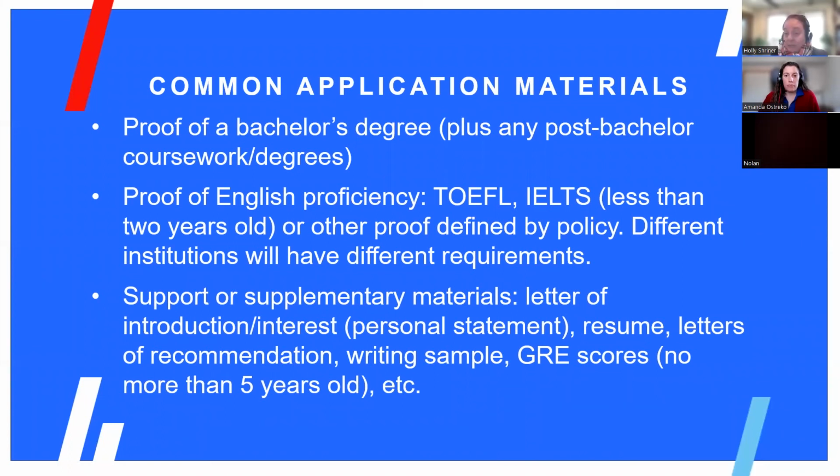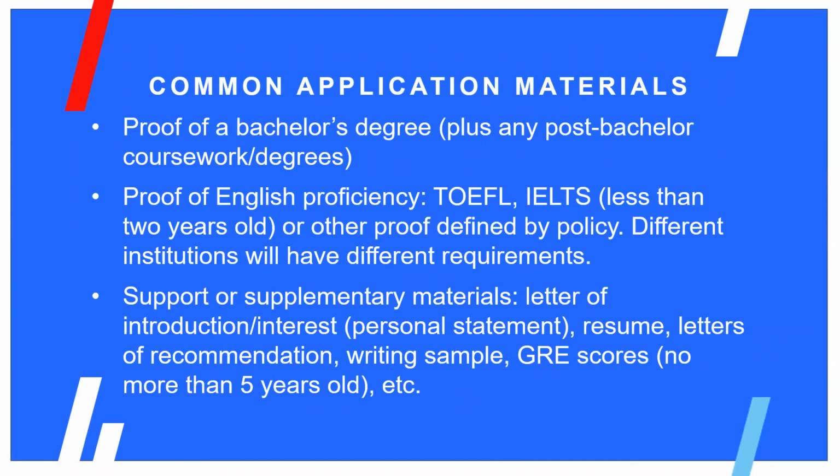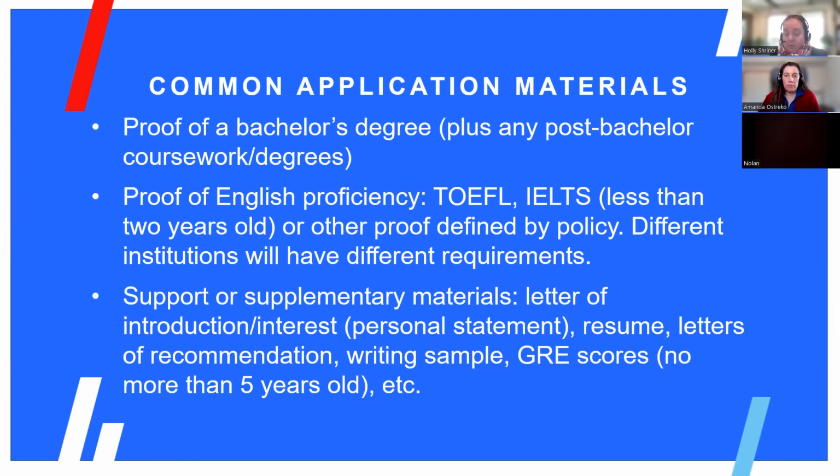So when you decide to sit down and begin an actual application to an institution, what does that look like? What types of things should you expect? And what types of things might an institution be requiring of you? Many times common application materials include proof of a bachelor's degree or any other post-bachelor coursework or degrees.